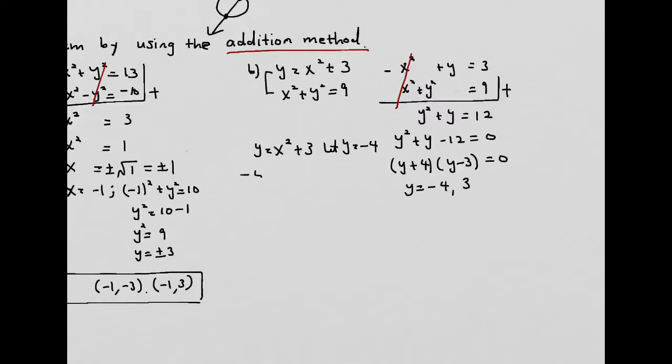That will be -4 equal x squared plus 3. And when I subtract 3 from both sides, that will be -7 equals x squared. And when you square root each side, I end up getting plus minus square root of -7 equals x. This is an imaginary unit. It's not a real number. So this will give me no solutions.